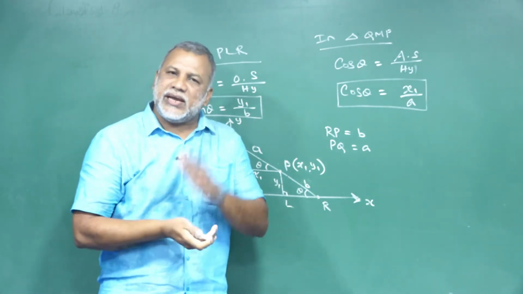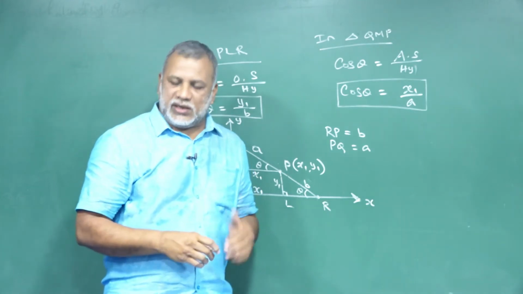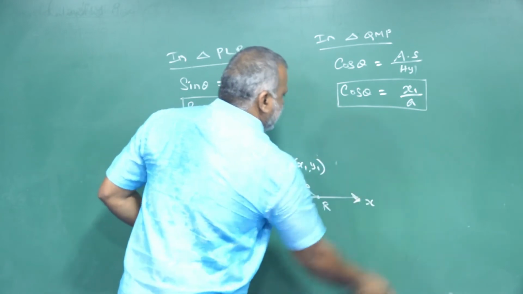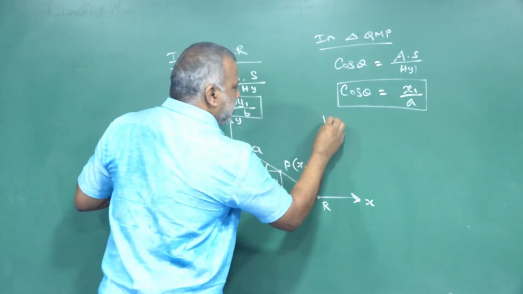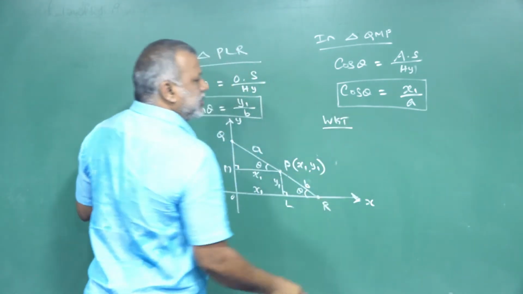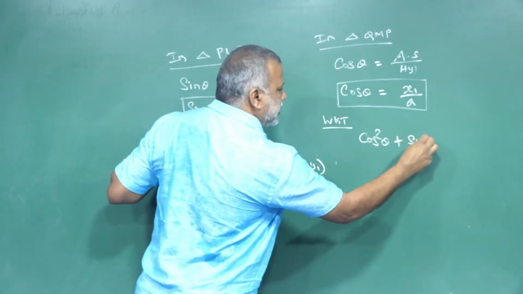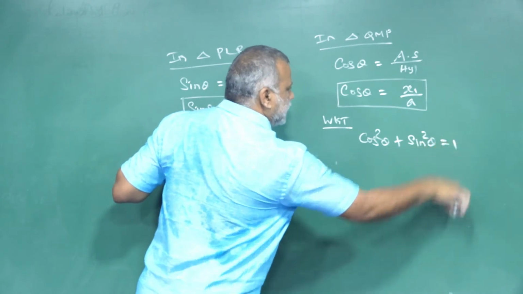Then we know the identity, the relation between sine and cos: cos square theta plus sine square theta is equal to 1. We know the standard trigonometric identity, cos square theta plus sine square theta is equal to 1.